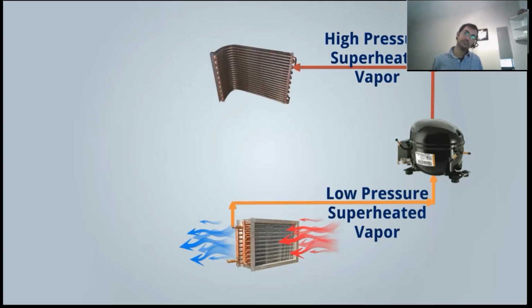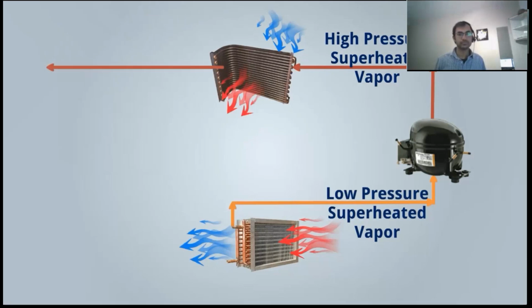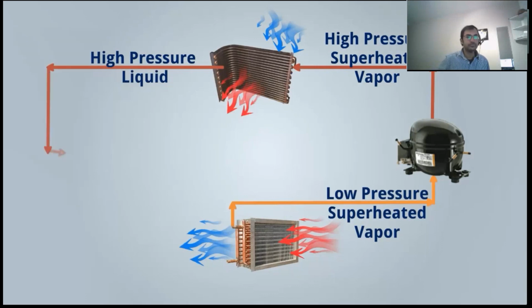Here heat exchange happens, cold air becomes hot air and refrigerant vapor releases the heat, and refrigerant becomes high pressure moderate temperature liquid. It has liquid plus vapor conditions, and after that it enters into the expansion valve.